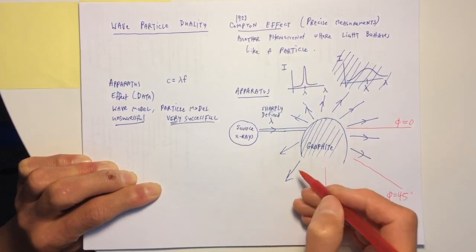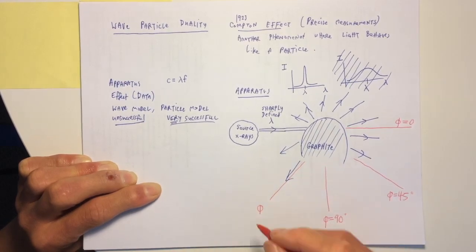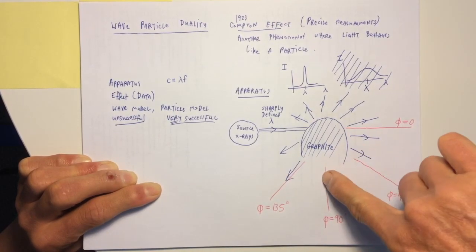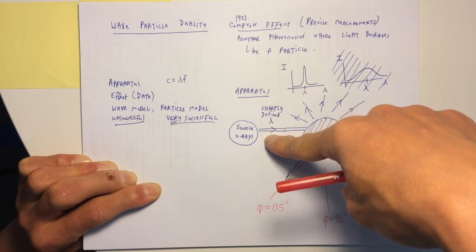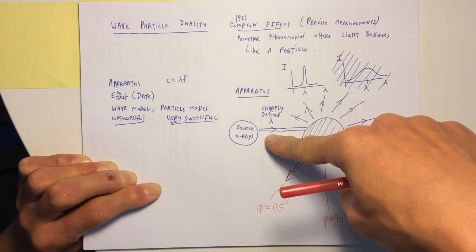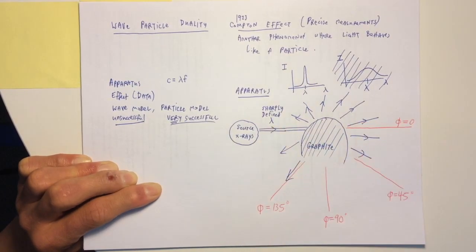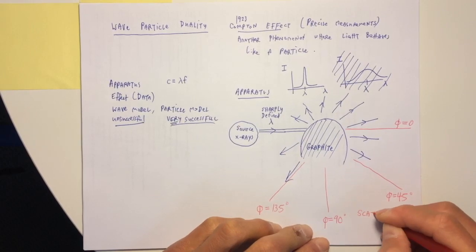You could even look backwards, at back scattering. In the backwards direction, the angle would be, say, 135 degrees, halfway to 180. Between 90 and 180 is 135. But anyways, these are the scattering angles.